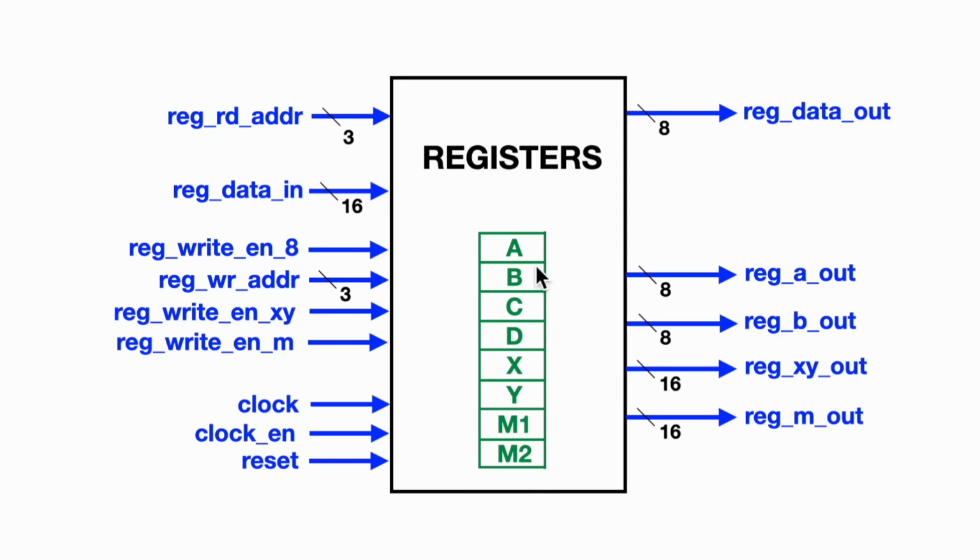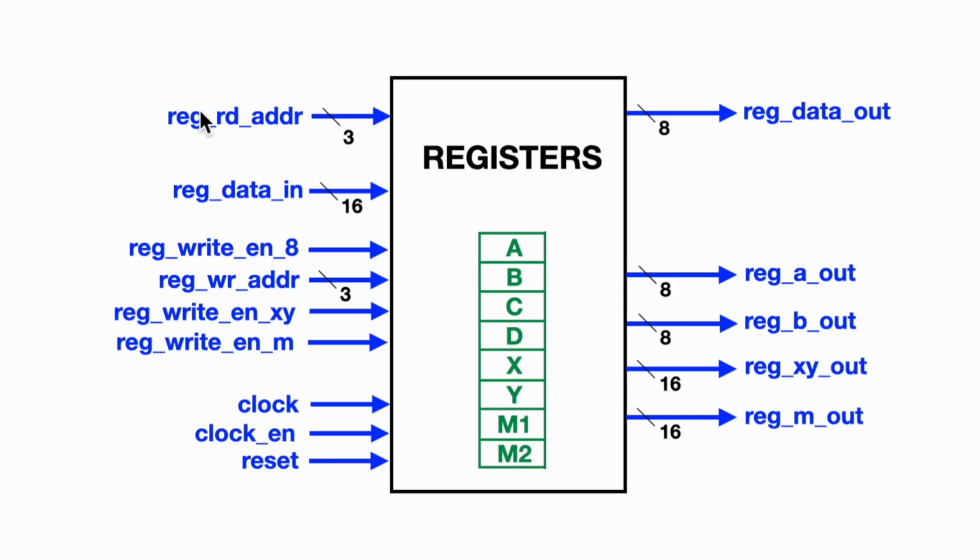Here we've got the registers module, and that contains the 8-bit registers. It is always providing the value of the registers combinationally. So at any point in time, we can see what is currently in the A register, or the B register, or the 16-bit XY register, or the 16-bit M register.